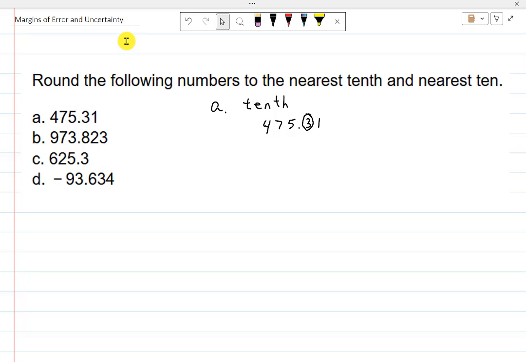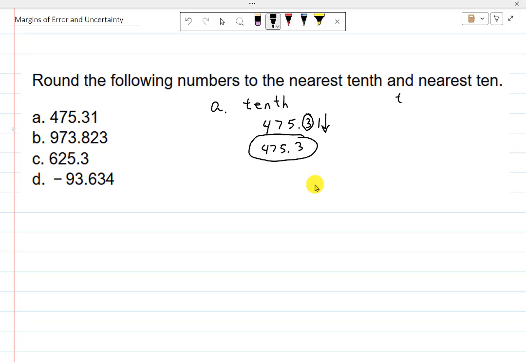When I round up or down, that digit will change either to a 4 or it will stay the same. The number behind it, this 1, if that is less than 5, then you're told to round down. If it's greater than or equal to 5, you round up. Since this 1 is less than 5, I'm going to round down to 475.3.